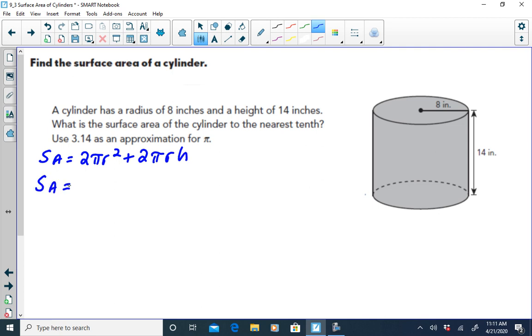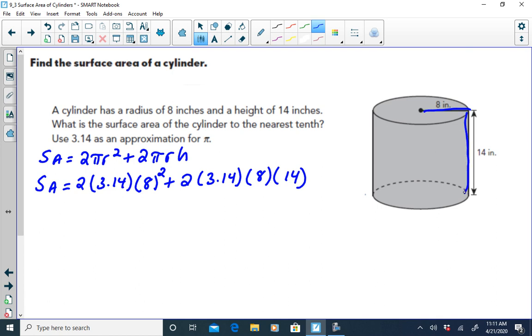Surface area is going to be equal to 2 times 3.14 times your 8, that's going to be squared, plus 2 times 3.14 times your 8 times your 14. Okay? Right? 8 is the radius, 14 is your height.